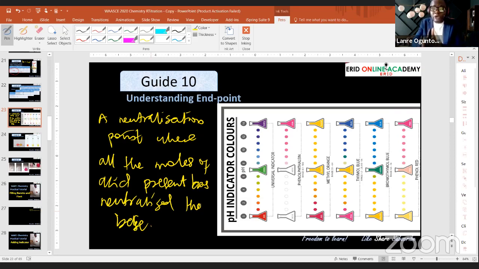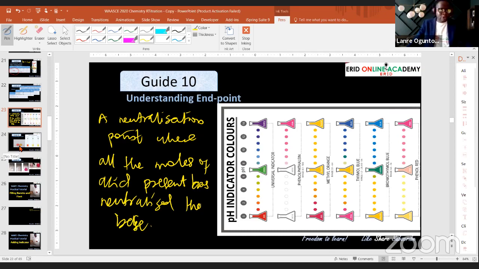So the equivalence point tells us a particular volume of acid that will neutralize the base by calculation. That means by prediction. So equivalence point is by prediction, while endpoint is by actual titration. So at your endpoint, the volume of acid that you get in your burette used is called your titer value.